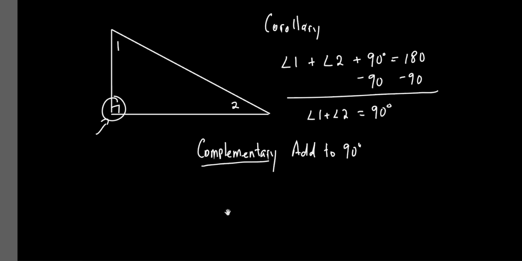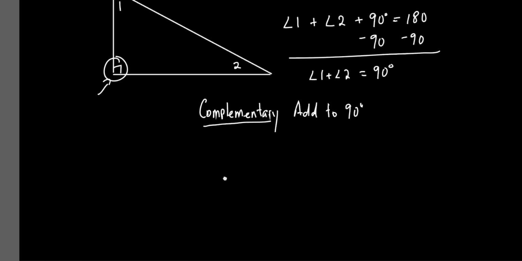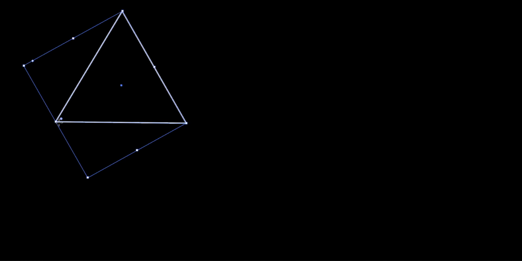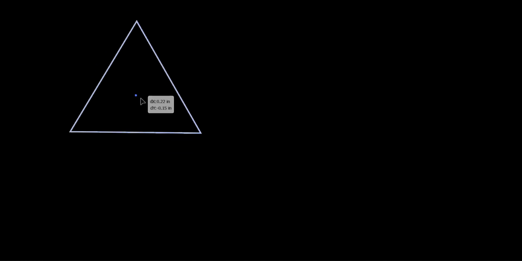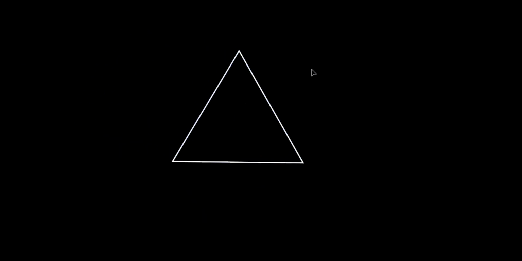Let's do probably one more. Let's put an equilateral triangle on here. So here's an equilateral triangle. Now it's equilateral, which means all three sides are equal to each other.